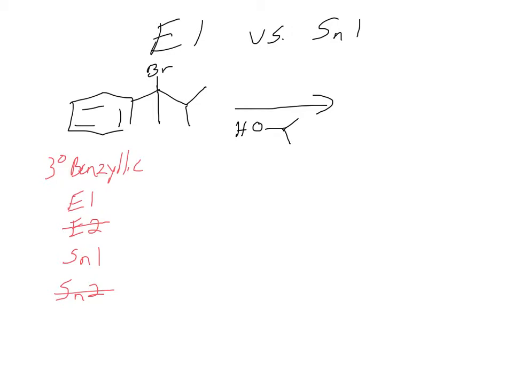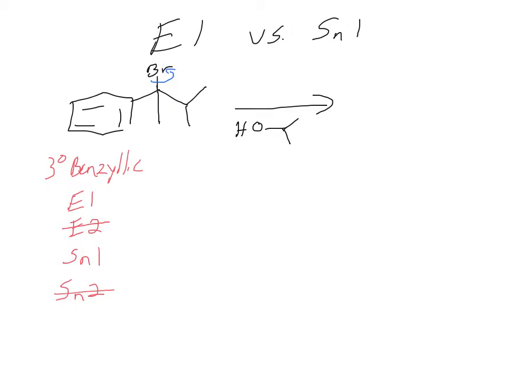The first step in either case is going to be carbocation formation. But how do we debate which one is better at this point? Let's look at the products of both. What would the products be for both? The first step is the same either way.